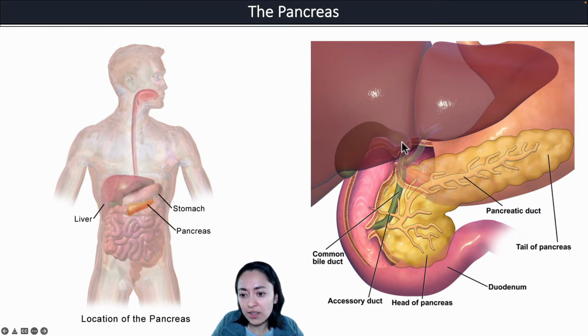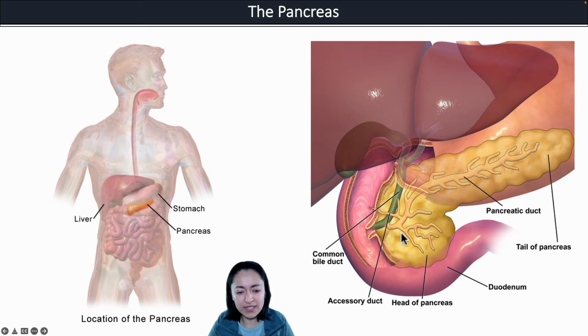You can see that there's a tube connecting the gallbladder and the liver to the pancreas and the small intestine, and that's because the gallbladder and the liver secrete a substance known as bile into your small intestine. But you can see that the pancreas also has a tube connected to the bile duct that empties into the small intestine. Okay, so here is the pancreas in yellow here.